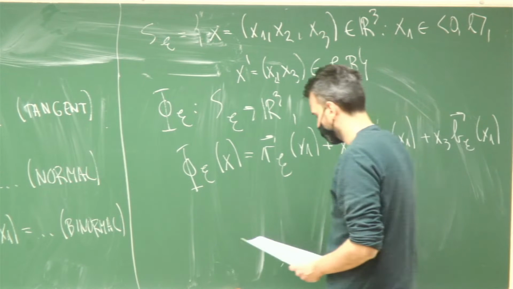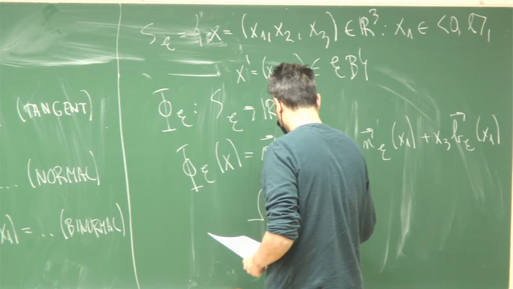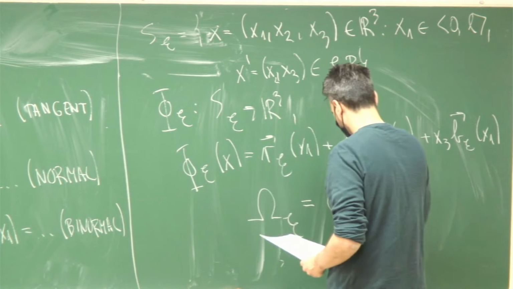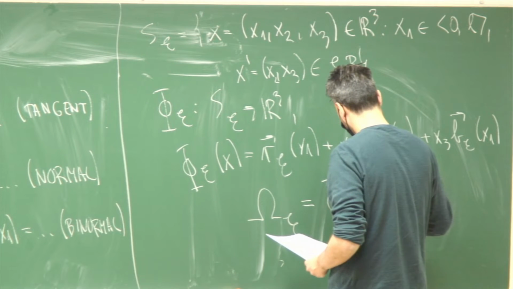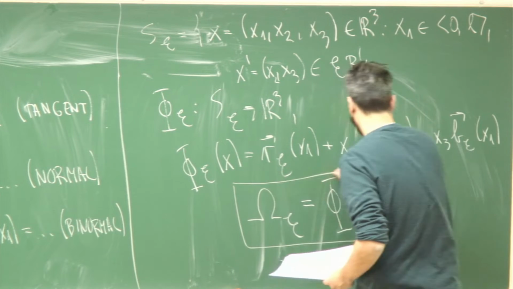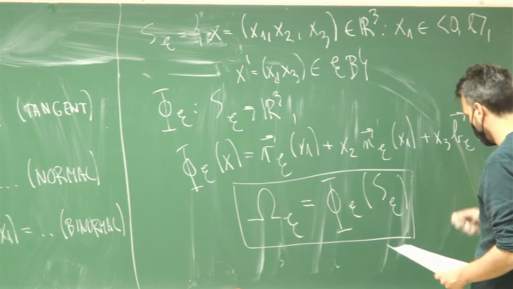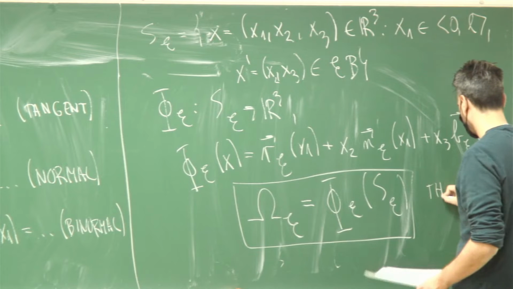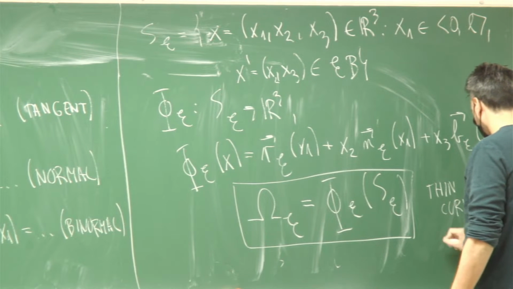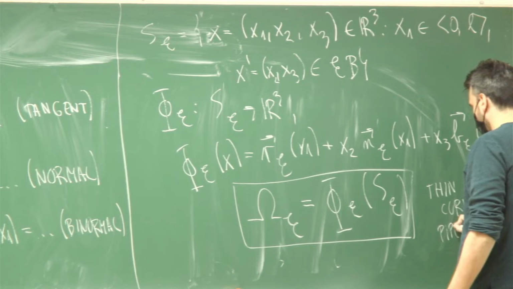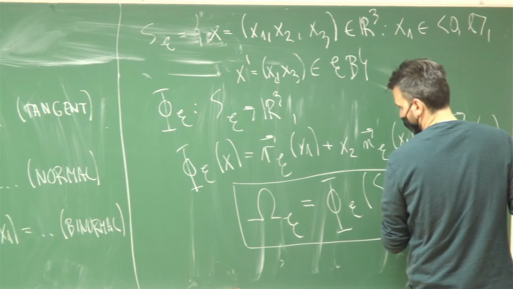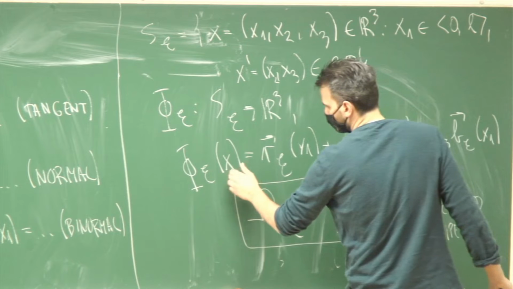And your domain will basically be given in this way. So in this way, you write down the relation between your thin curved domain and the straight pipe via this big Phi.